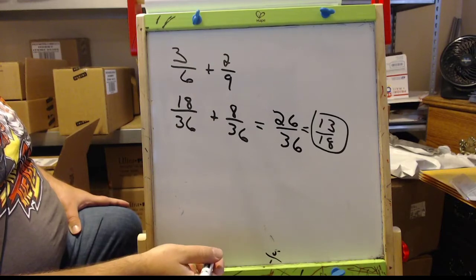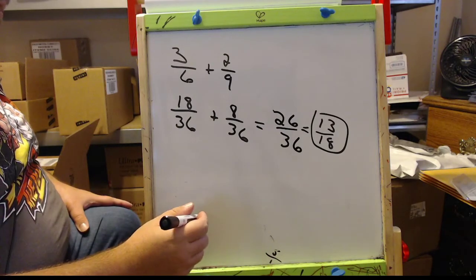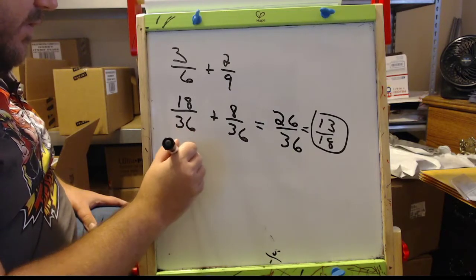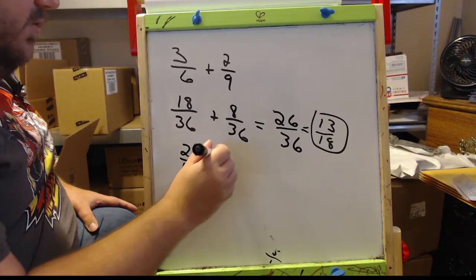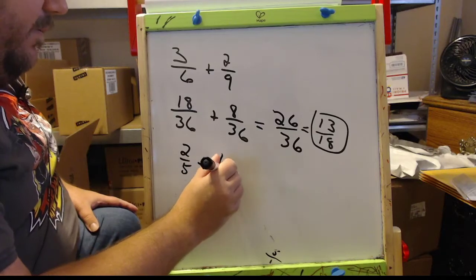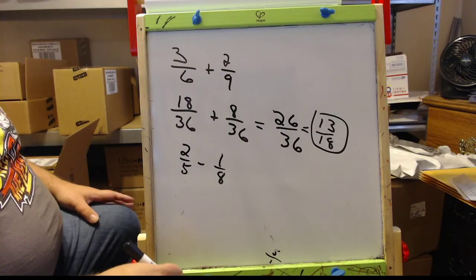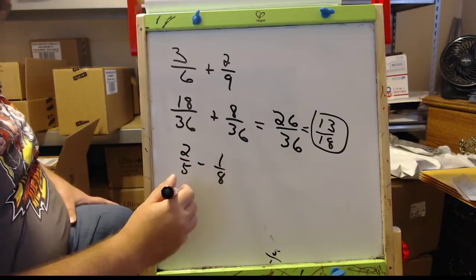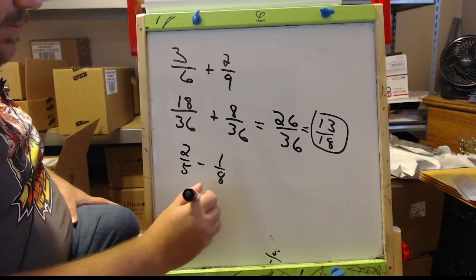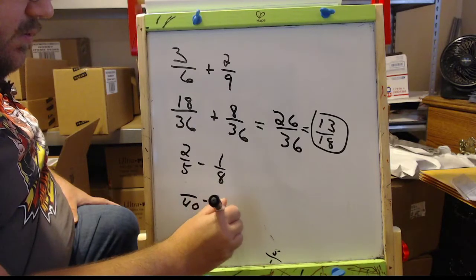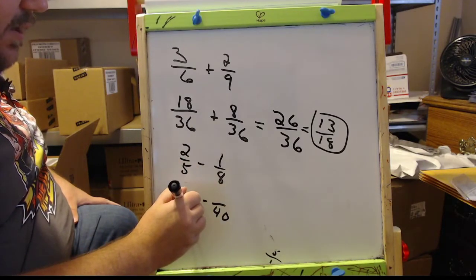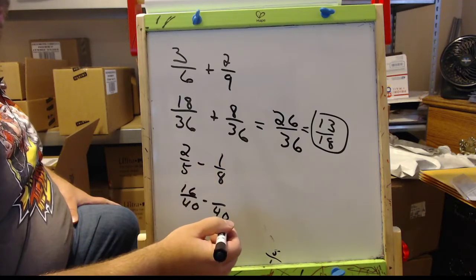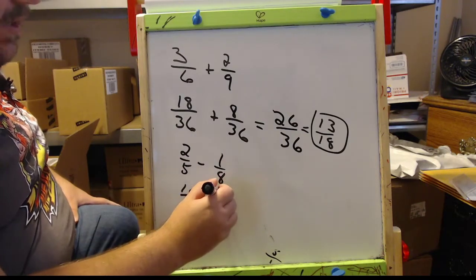And it's the same principle for subtraction. If I want to do, let's say, 2/5 minus 1/8, the least common multiple, we'll do it real quick: 8 times 5 is 40, and then we'll worry about reducing later if we have to. 5 goes into 40 8 times, 8 times 2 is 16. 8 goes into 40 5 times.